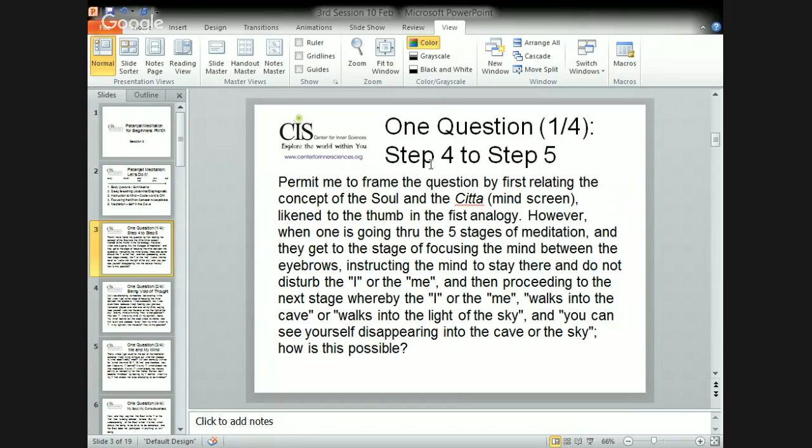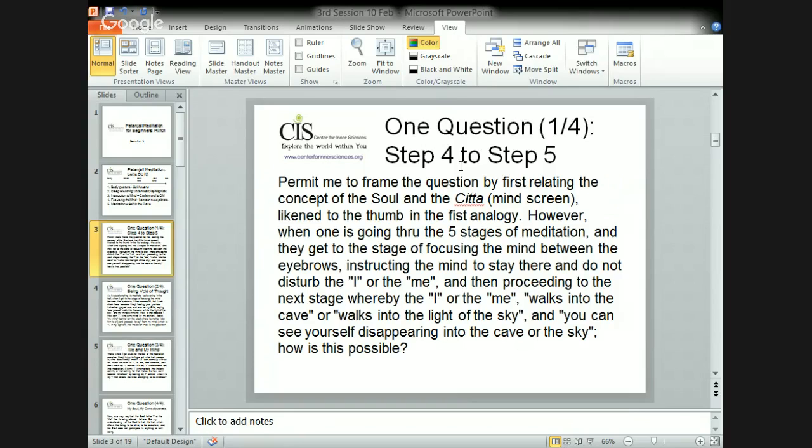In the first slide, I am saying it is mainly related to step 4 to step 5. So the question begins like, permit me to frame the question by first relating the concept of the soul and the chitta, what we call as mind skin, likened to the thumb in the fist analogy.